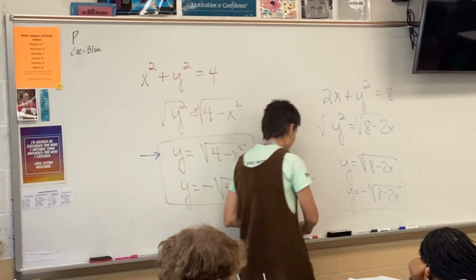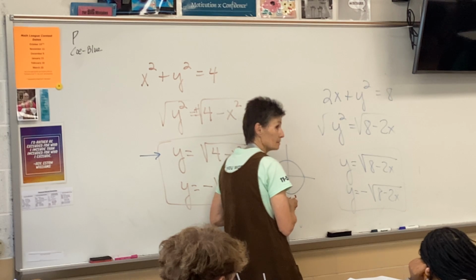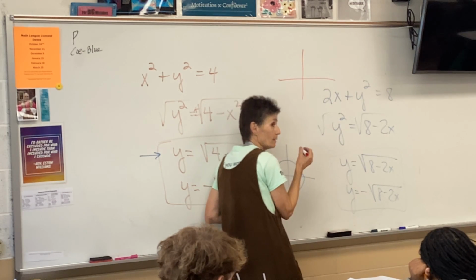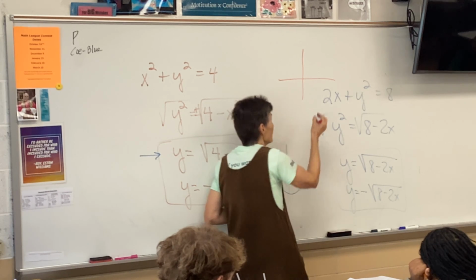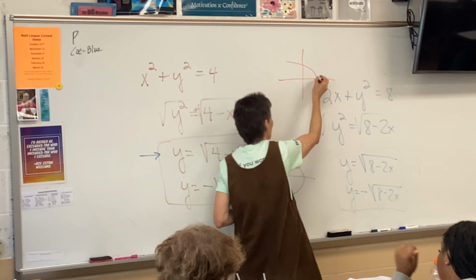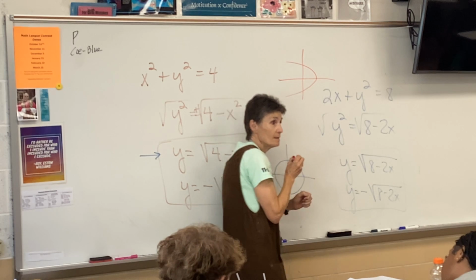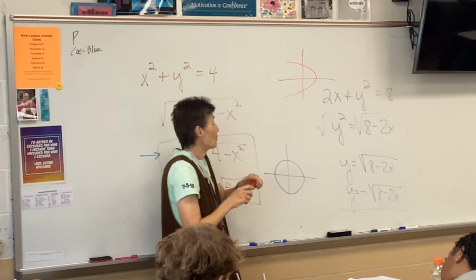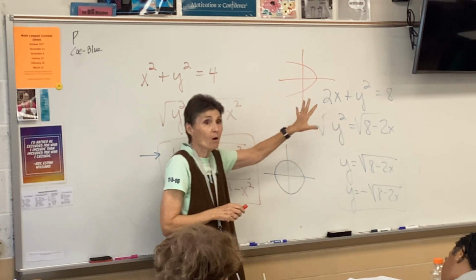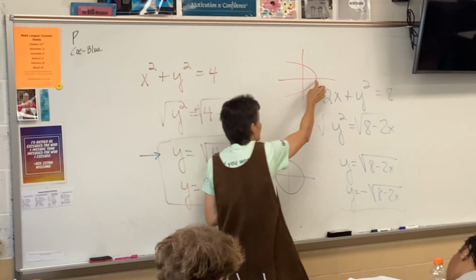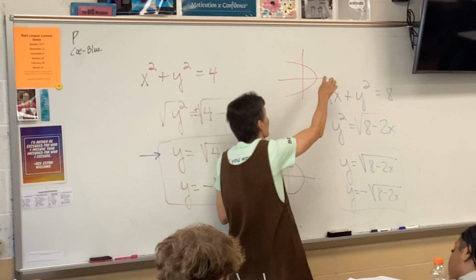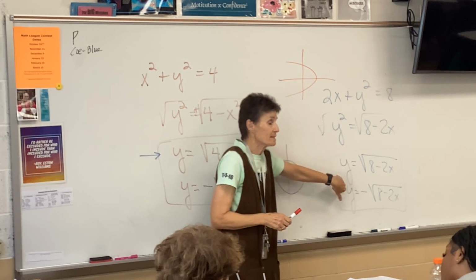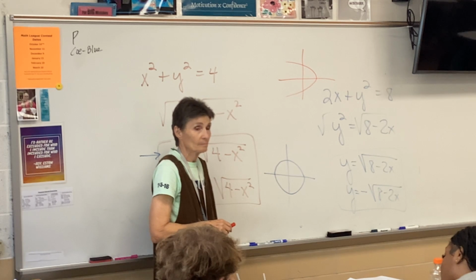Now it graphed in 2 pieces, hopefully. What shape did you end up with? It's a parabola, but it's opening sideways. So is that a function? No, but the top half is a function and the bottom half is a function. Those are the implicit functions.